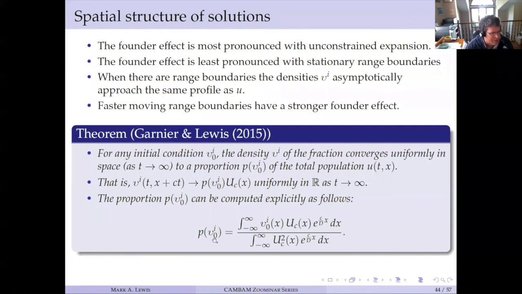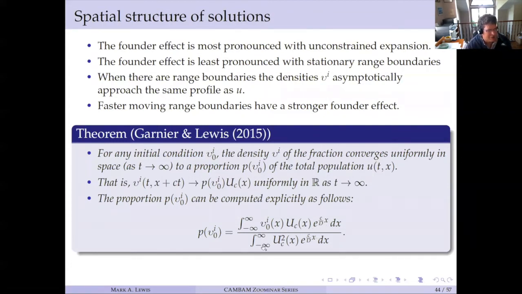The formula for P is like it was before. Here, this is the initial distribution of the neutral fraction. This is the traveling pulse, and this is a weighting function that weights things near the leading edge of the wave more than things at the back of the wave.